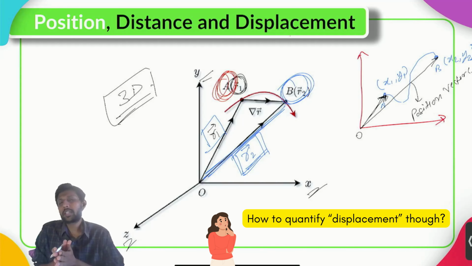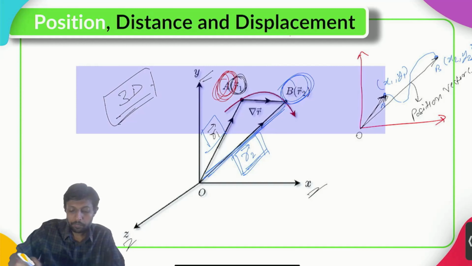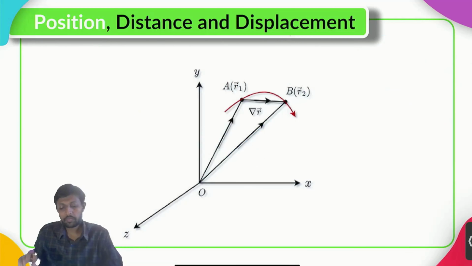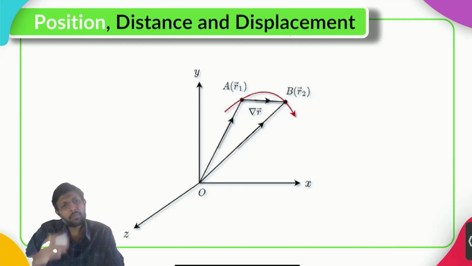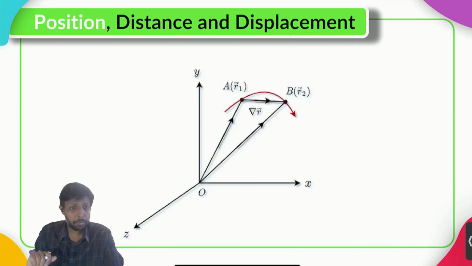Now we move on to understanding displacement. As you can see, the object has actually moved from position A to position B. That means the object has displaced. The object can move from point A to point B using many different ways, many different paths.